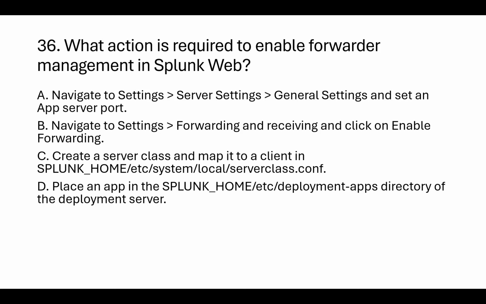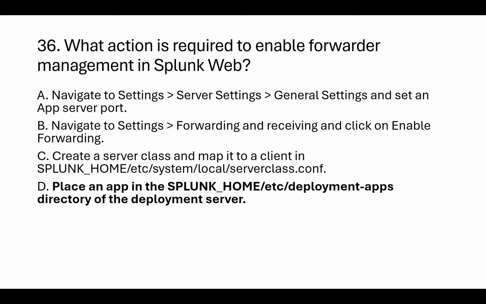Option C, create a server class and map it to a client in SPLUNK_HOME/etc/system/local/serverclass.conf. Option D, place an app in the SPLUNK_HOME/etc/deployment-apps directory of the deployment server. And the answer is option D, place an app in the SPLUNK_HOME/etc/deployment-apps directory of the deployment server.